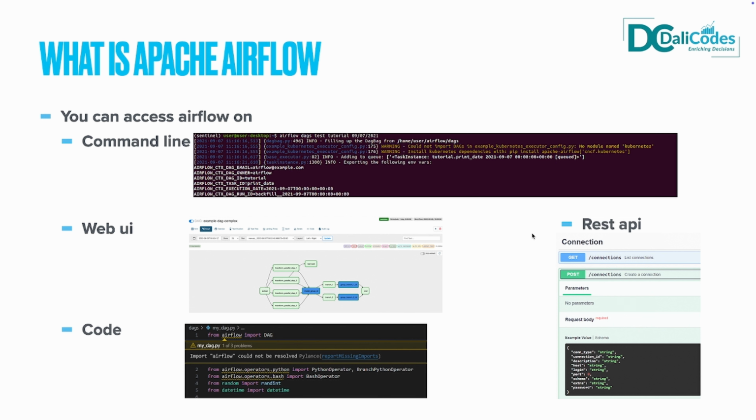You can also access Airflow through the code, and here is where you tailor Airflow to run tasks for you, schedule them, and execute them or tell them when to execute.